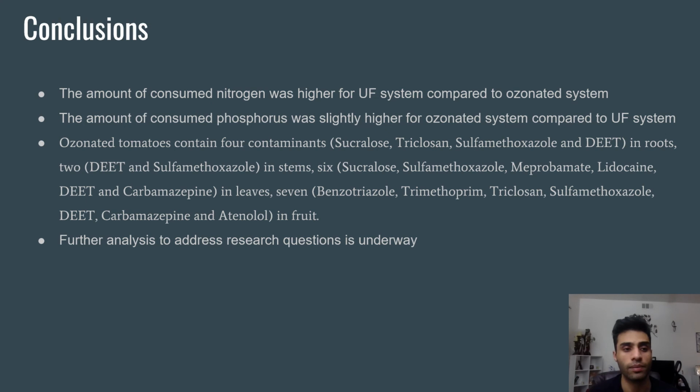Conclusions for this presentation are that the amount of nitrogen consumed is higher for UF compared to ozonated, while the amount of phosphorus is higher for ozonated compared to UF. And then ozonated tomatoes, the structure that I showed, has 4 contaminants in roots, 2 in stems, 6 in leaves, and 7 in fruit. And further, these concentrations will be used to do further analysis, which is still underway.